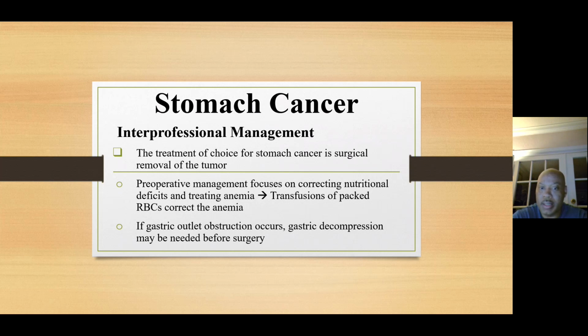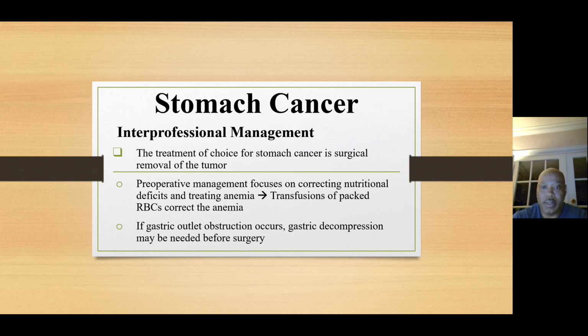And so the nutrition can come in just about any form, and more than likely might be a TPN. But again, you want to correct those nutritional deficits. Blood transfusions may be in order to correct the anemia. And of course, this helps these patients get through the surgery better.